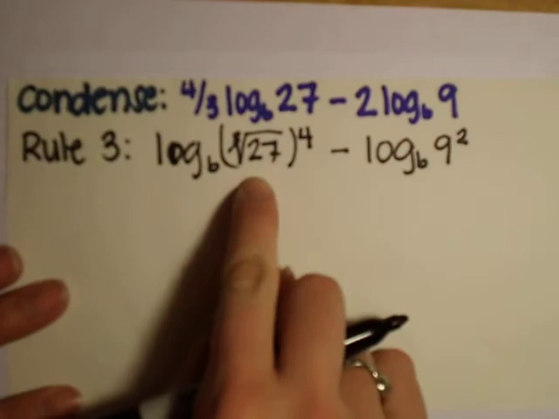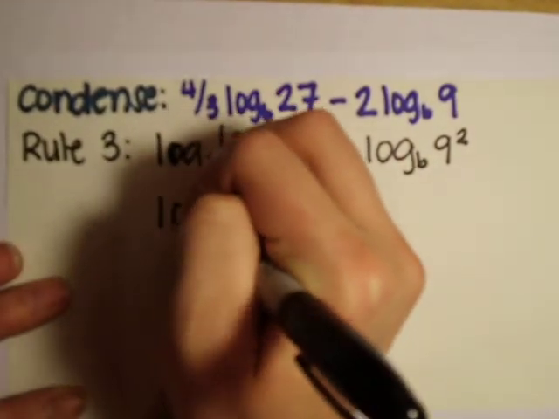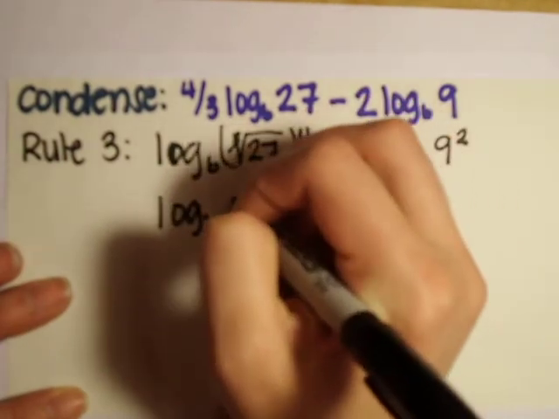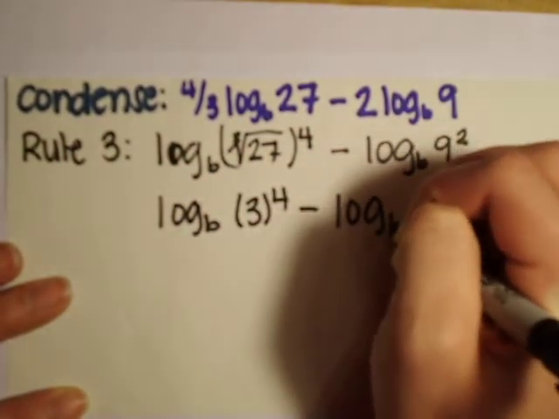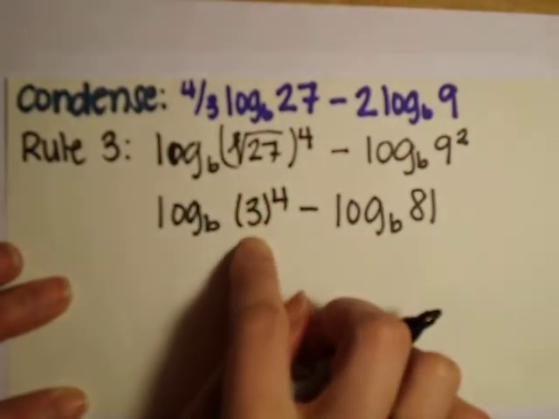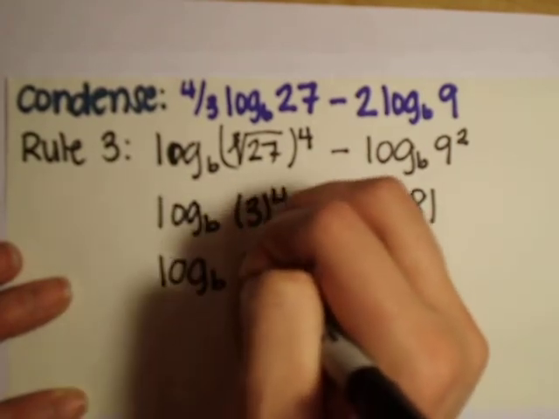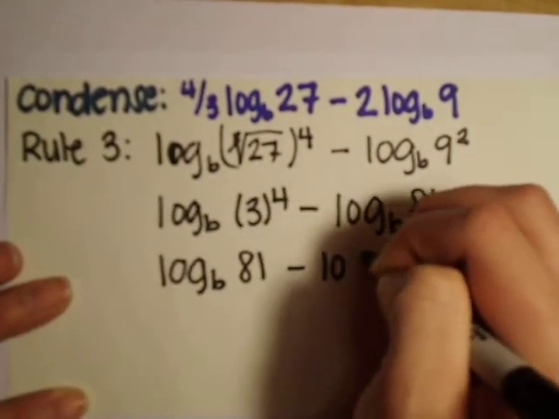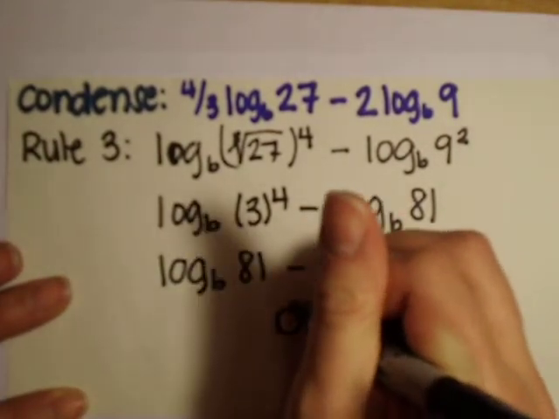So now we can simplify this and our 9 squared, and we'll have log base b of 3 to the 4th minus log base b of 81, because the cube root of 27 is 3. Now we'll raise 3 to the 4th power, and we'll have log base b of 81 minus log base b of 81, and we'll get 0.